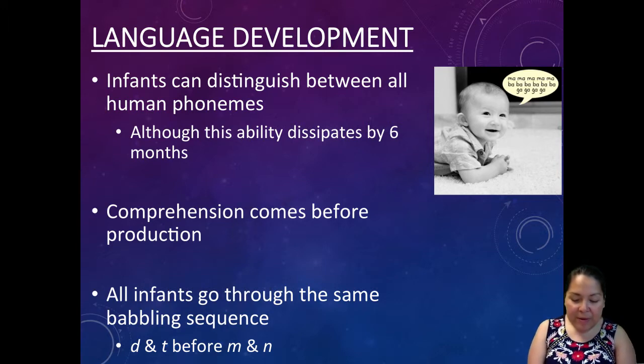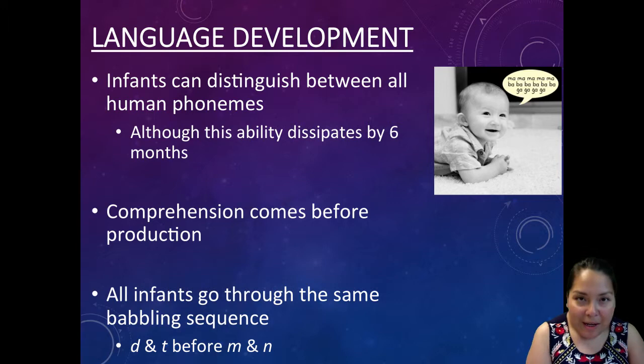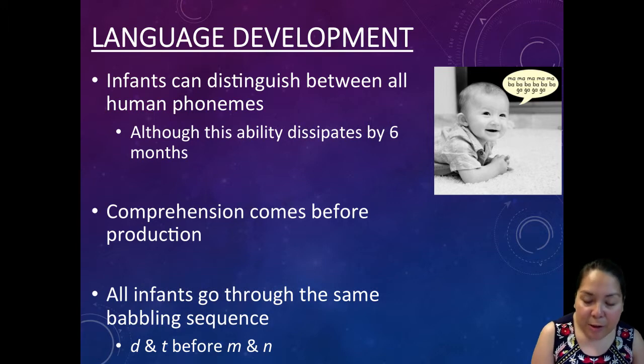Even babies who are born deaf babble sounds they've never heard before in the same order as babies that have no hearing problems. Interestingly, this provides evidence that babies aren't just imitating and that babbling is a natural part of development.